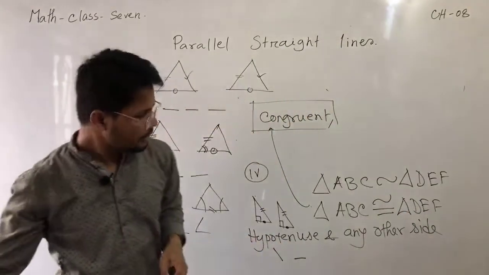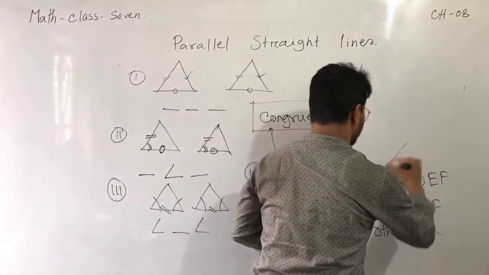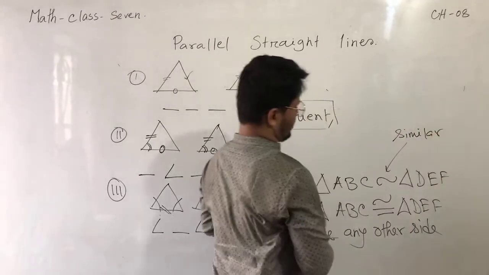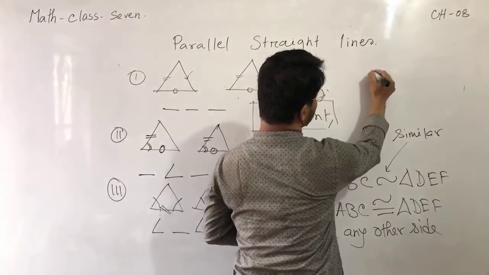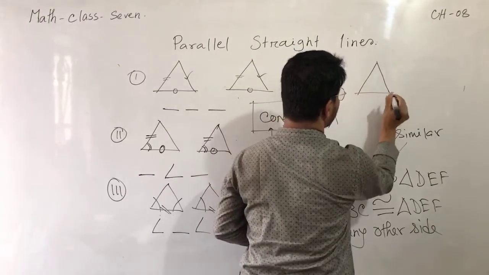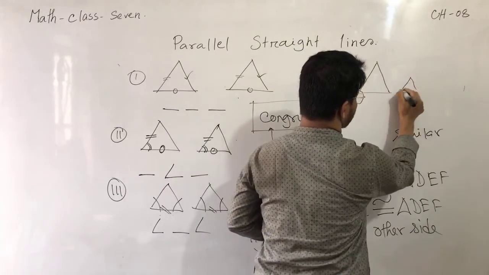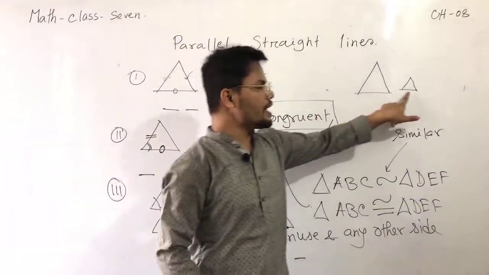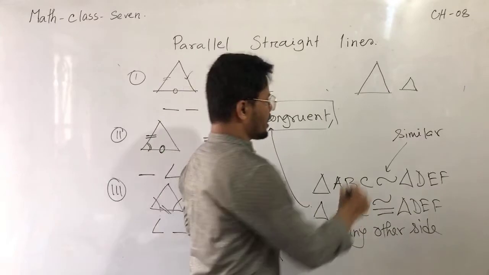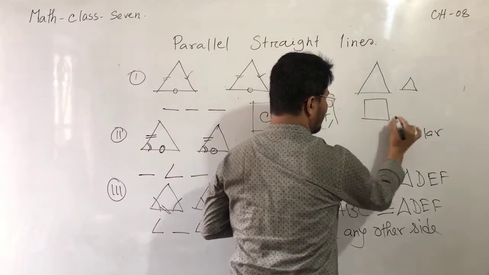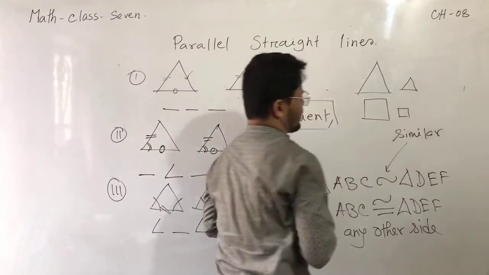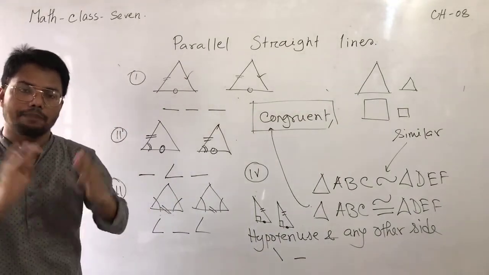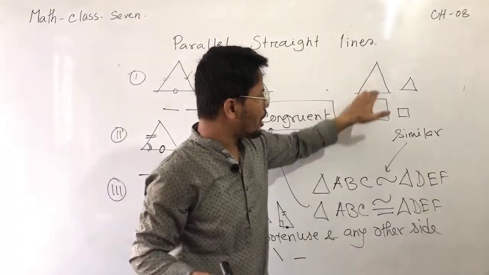Similar, basically this same symbol is similar. If we use here the triangle, like this is a triangle, but this is also a triangle. Both triangles look similar, like this one is a square and this is also a square. They are not exactly the same by their area, perimeter, but their outlook is the same.